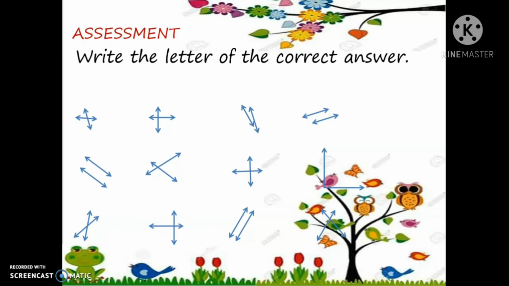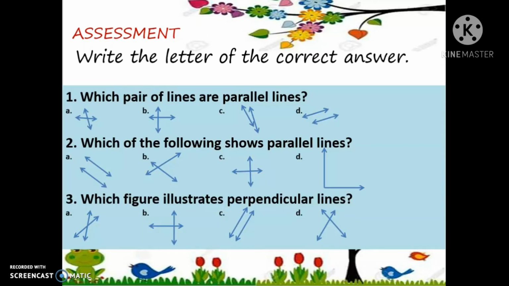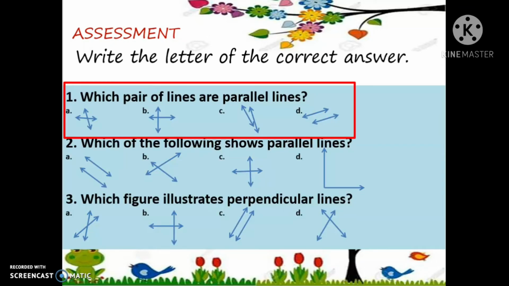For the assessment, get your paper to answer the following activity. You are going to write the letter of the correct answer. Are you ready, children? For number 1, which pair of lines are parallel lines? Letter A, letter B, letter C, or letter D?